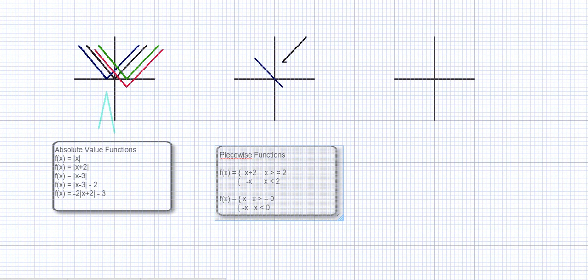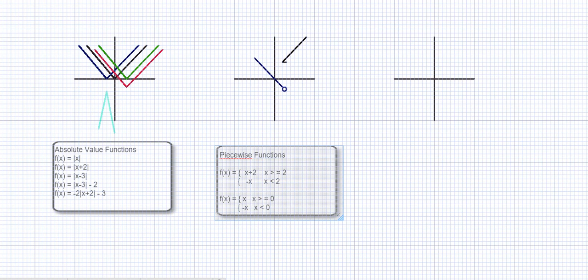And here at that point, we would have an open circle like that. And this other one up here was supposed to be a closed circle. So you can see that this function takes on different values within different domain ranges. That's really the best way to describe these piecewise functions.